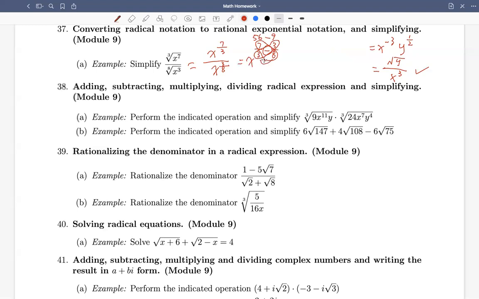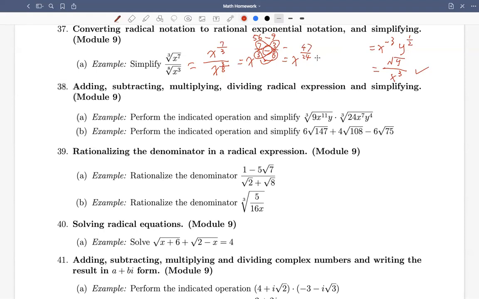Then 3 times 8, that's 24. So x simplifies to: the denominator is 3 times 8, which is 24. The numerator is 7 times 8, 56, minus 9, which is 47. 47 is a prime number, so this cannot be simplified.